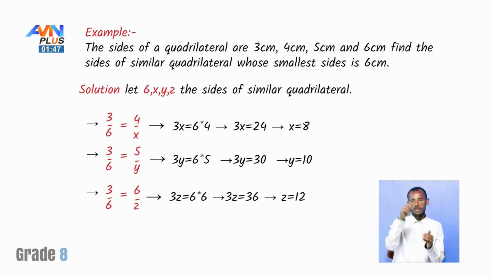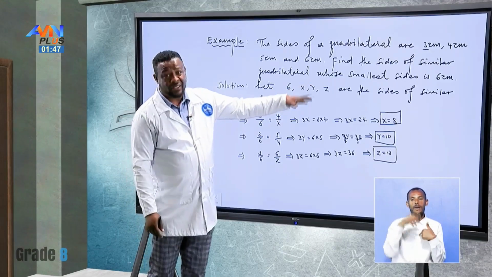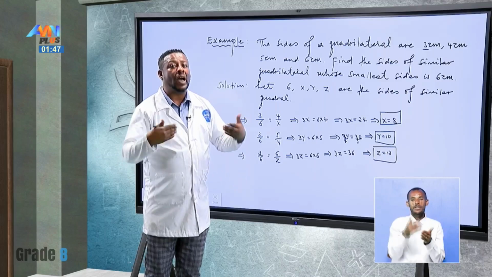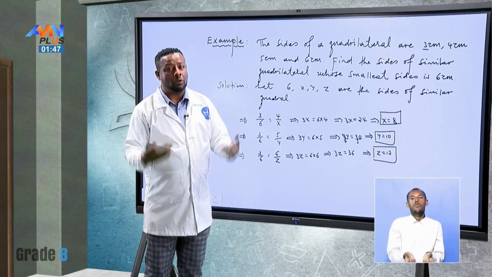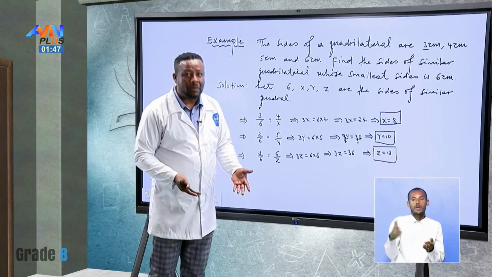Okay, so here we have x, y, z. Therefore, all the sides of the unknown quadrilateral are obtained. Okay, so those two quadrilaterals are similar.